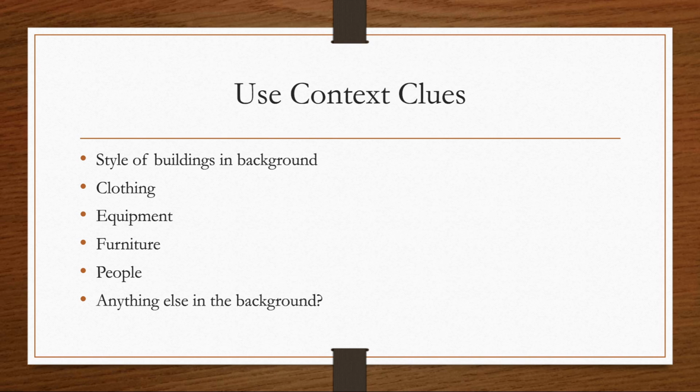Furniture styles, other people around, maybe you can identify one person and knew when they were alive, and again check the background. Maybe they're standing on a beach, you can see the boardwalk in the background, and the boardwalk was constructed at a certain period of time, and that can help narrow it down.